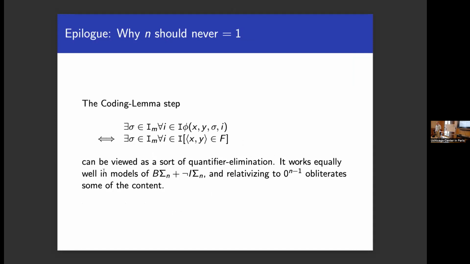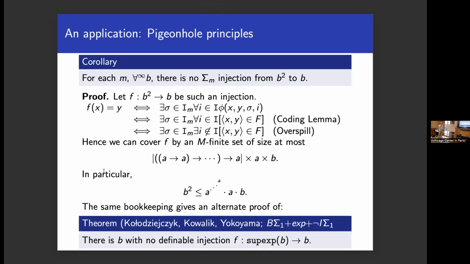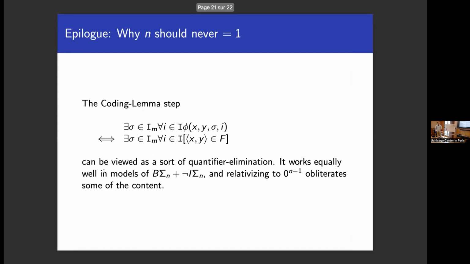One last thing I'll point out is that n should not be before 1. In contradiction to what I claimed earlier, we have a very specific thing that happens in the previous proof here, which was the use of the coding lemma to reduce some kind of definable set to a set that's coded in the model, an M-finite set. Now, the complexity of that phi has something to do with the n that you could get rid of.